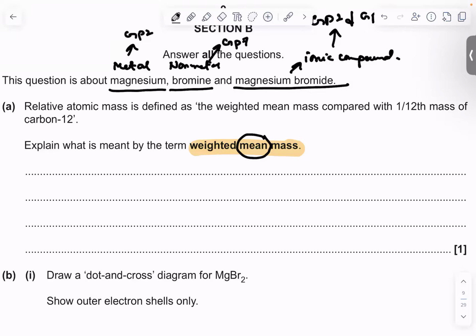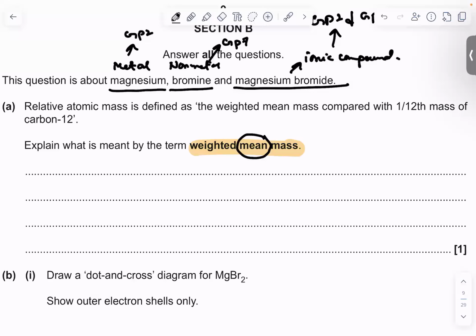You calculate mean, Maya, when there is a very slight difference between the readings. You must have done the titration in the lab. Isotopes. So the mean takes into account the relative abundance of the isotopes.